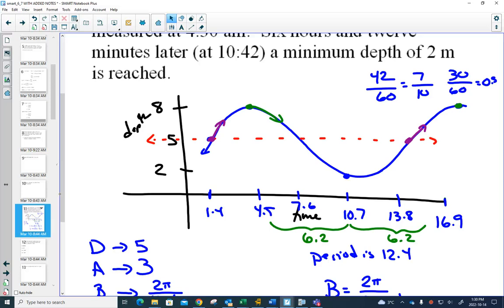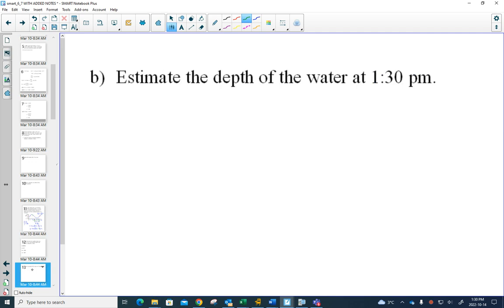At 130, that's at 13.5. If I go up and over, I might estimate it to be 3 meters. This is truly an estimate, because I just hope my graph was drawn nicely.